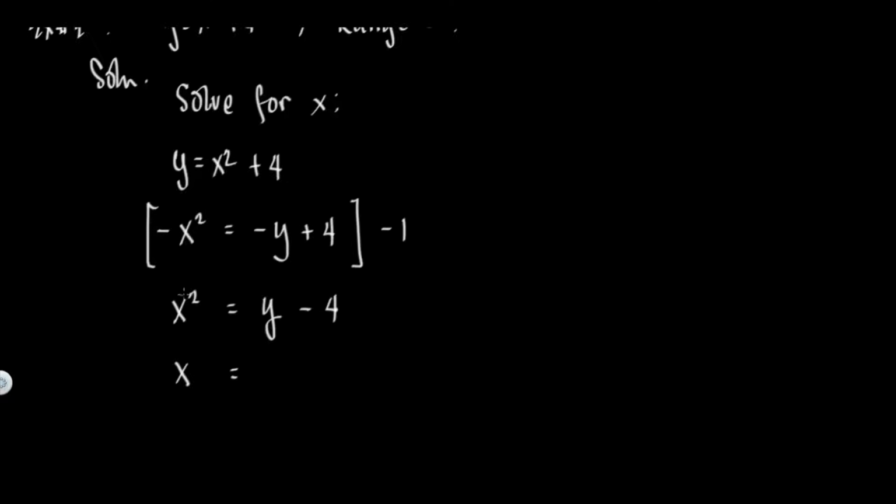Take the square root of both sides, or pwede rin naman you raise everything to 1/2. Parehas lang din yon. So, x is equal to the square root of y minus 4. Pero take note, square root yan, two values, plus or minus. Ayun. Na-solve mo na ngayon yung x.